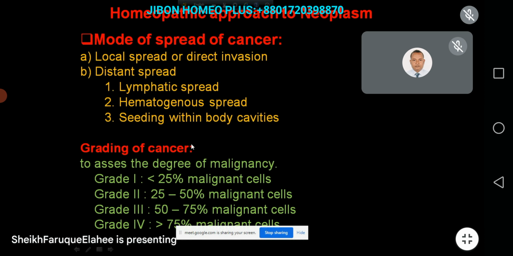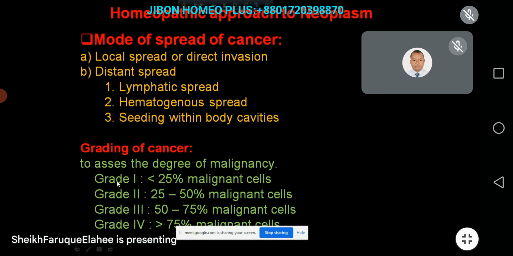And again, grading of cancer. Sometimes you will find the report comes from the allopathic doctor or from the pathologist, and he says the cancer is grade 4. What does it mean? So you see, if the whole tumor contains only 25% malignant cells, 75% normal cells, this is called grade 1.